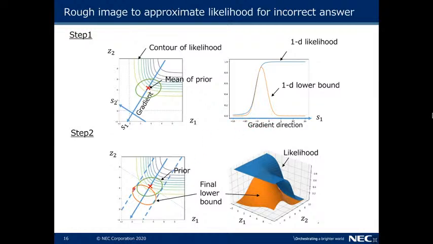So we have to fix the variance in the direction of S1, this direction. Even if we set any variance, the lower bound is still a lower bound, so there is no information to decide. So we just copy the variance of the prior to this lower bound. So we get the final multidimensional lower bound like this.